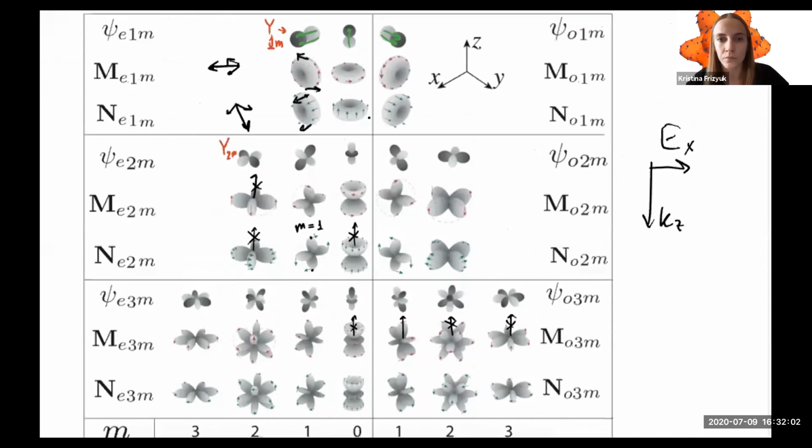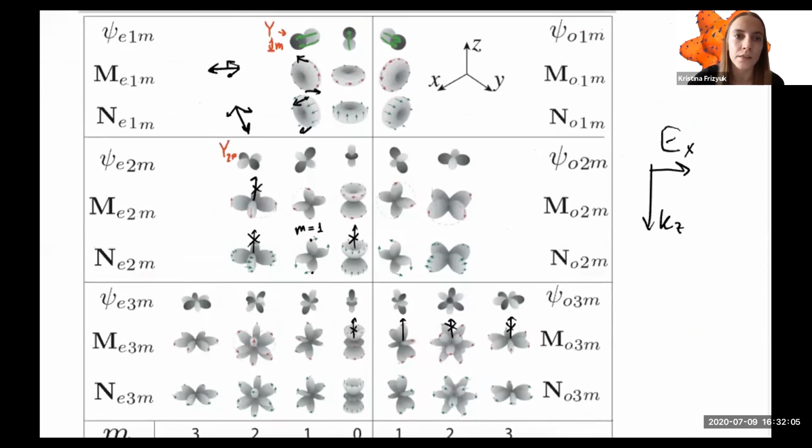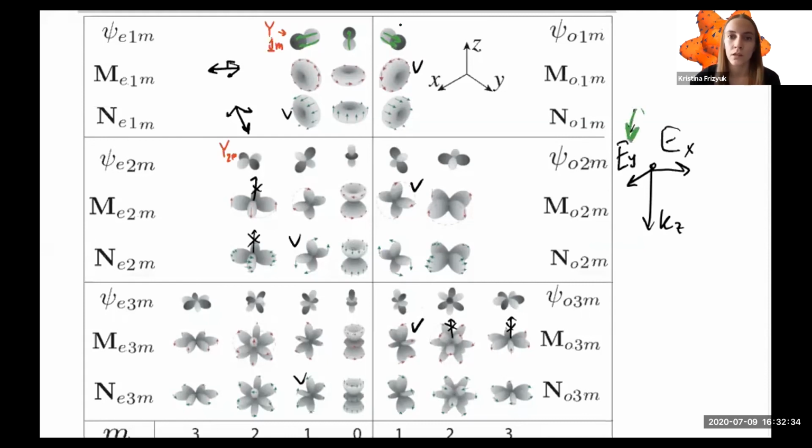Actually, in this case, you will have odd magnetic and even electric. But if you, for example, rotate your incident polarization by 90 degrees and look at a Y-polarized wave, you will have just the opposite case.